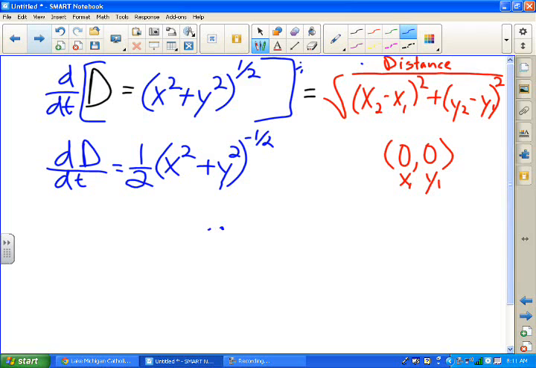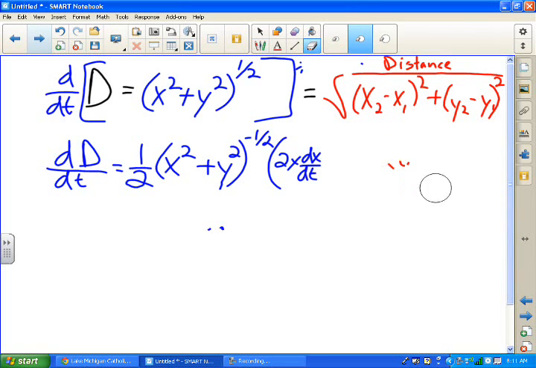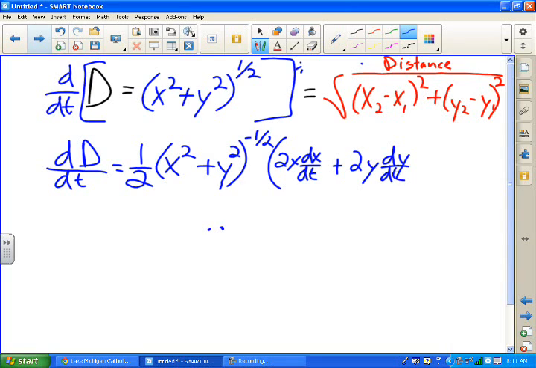Toss the 1/2 to the front, (x squared plus y squared) raised to the negative 1/2, and then we tack on the derivative using the chain rule. So x squared is going to become 2x dx/dt, and y squared is going to become 2y dy/dt. And that's it. We were only asked to write an equation, so now we have an equation.